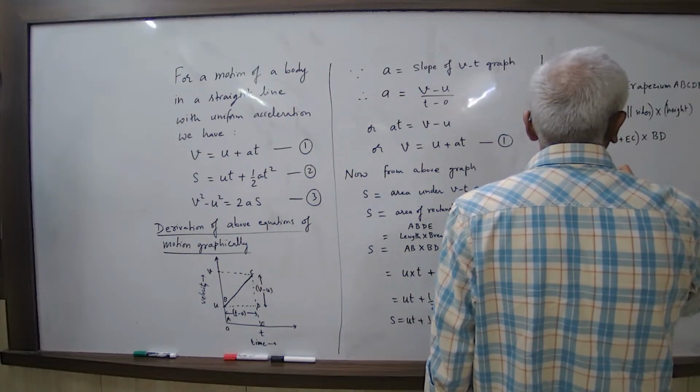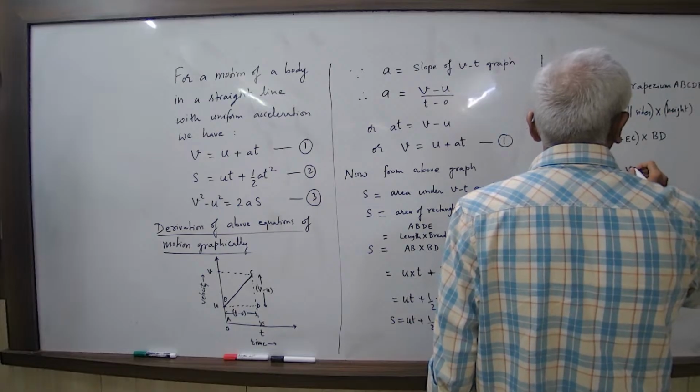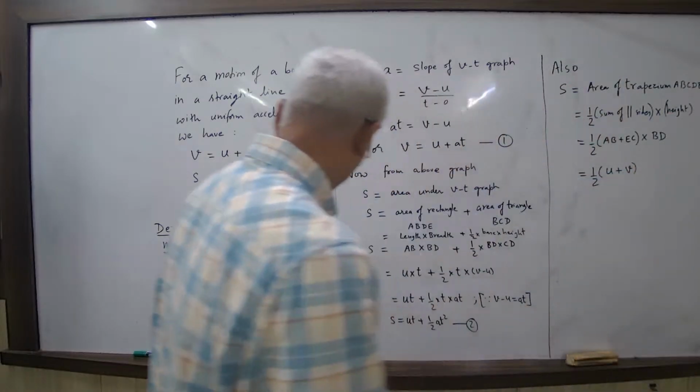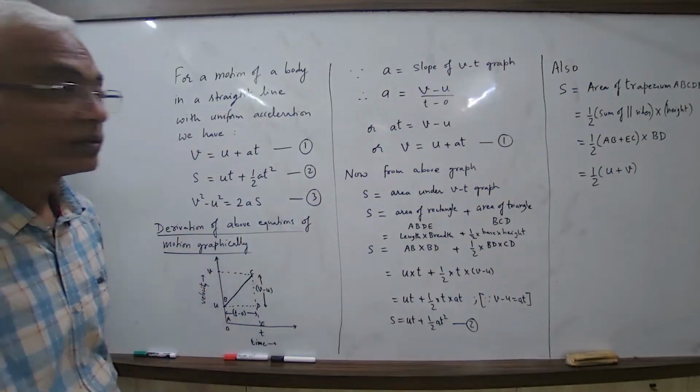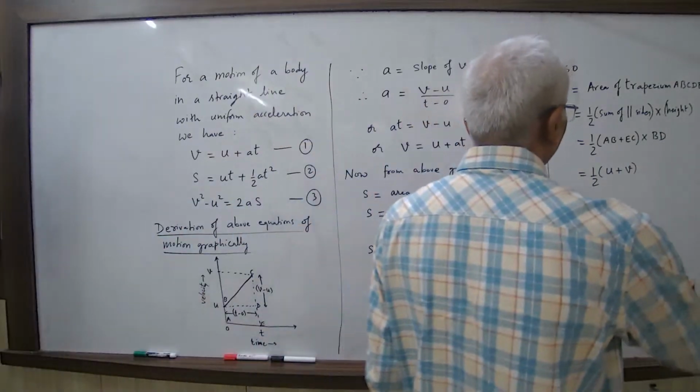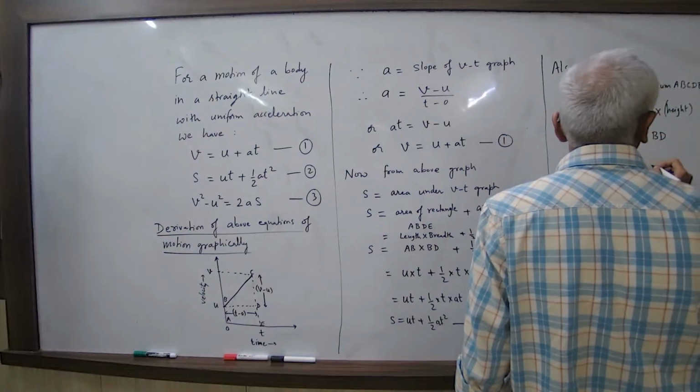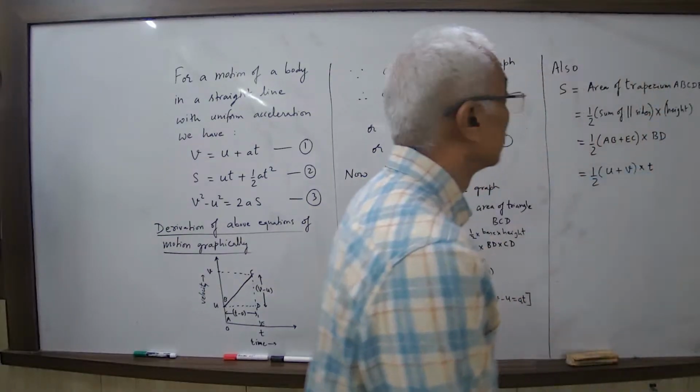Substitute. So this is half. What is AB? U. And EC is v minus 0, that is v. And what is BD? T. Right?